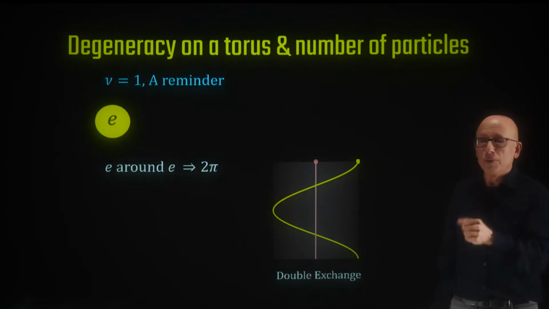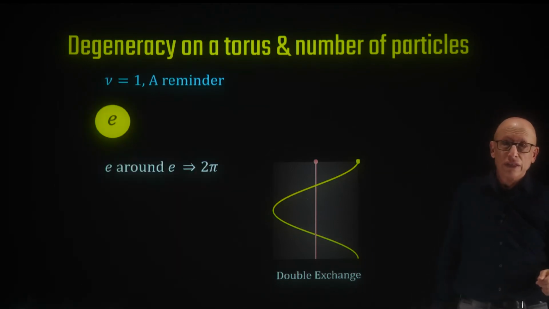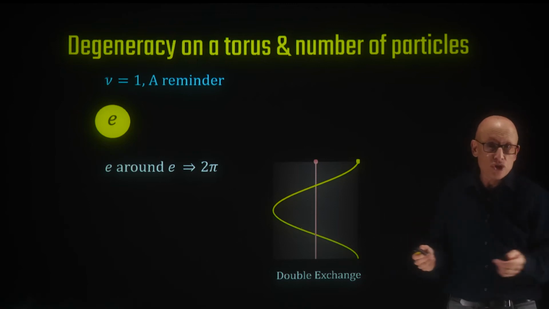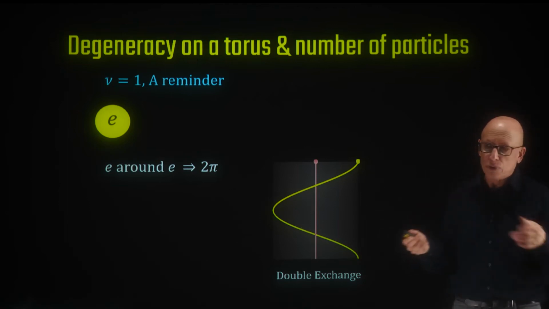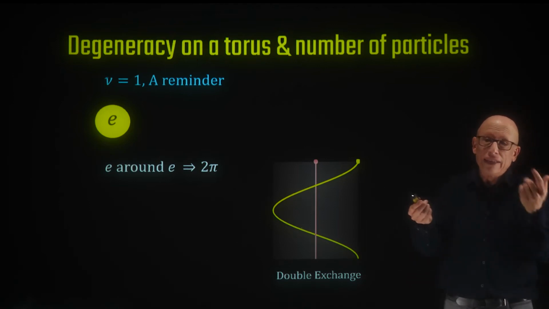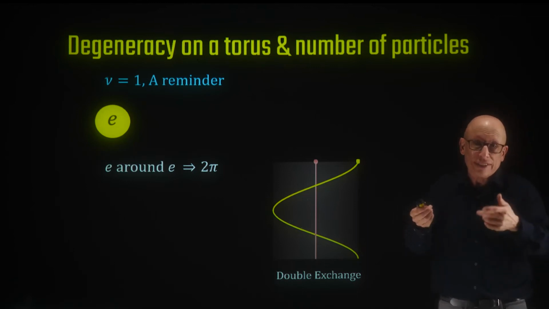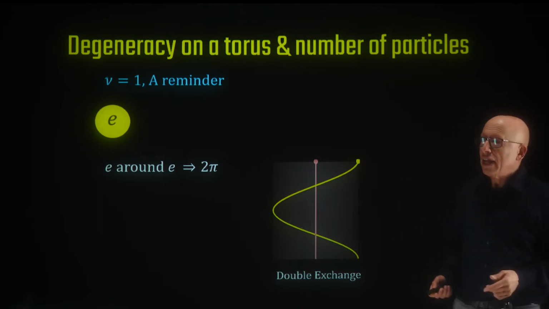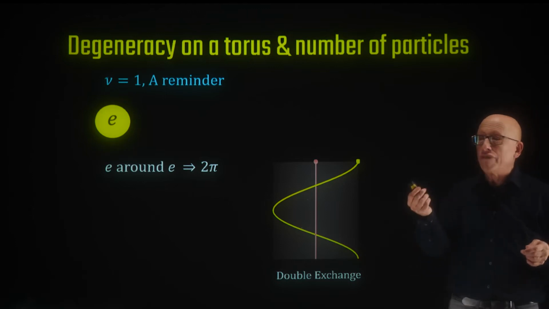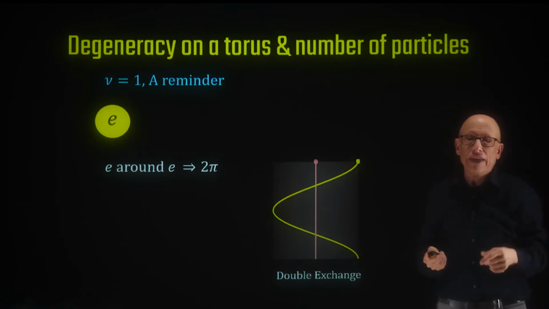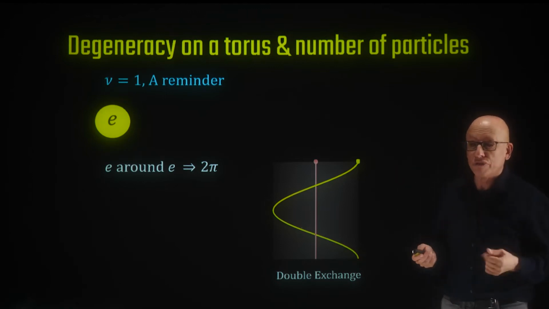Now, if we start from nu equals 1, a non-topologically ordered state with no fractional quasiparticles, the quasi-holes and quasi-electrons are just electrons, fermions. Therefore, when one goes around the other, it accumulates a phase factor of 2 pi.